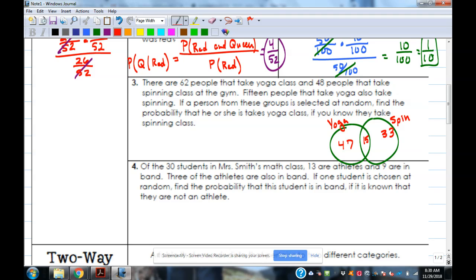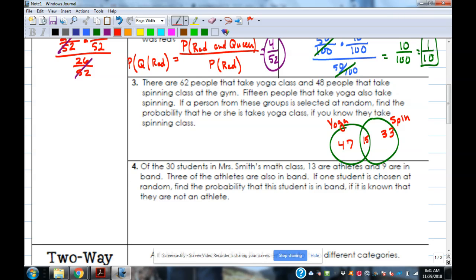Now, because we've made this Venn diagram and the nature of this problem, I think it's easier to think about this in terms of saying, okay, if you know they take the spinning class, how many people does that mean we're looking at?